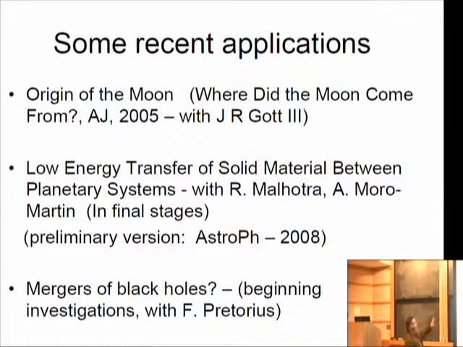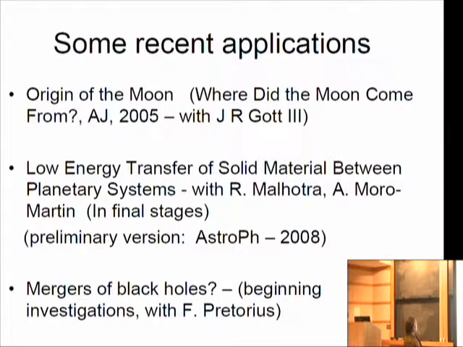I just want to mention before I get into that, there are other applications of the weak stability boundary that go beyond spacecraft motions. This is one that I wrote a paper on with a colleague at Princeton, Richard Gott. It's on the origin of the Moon. We published it in the Astronomical Journal in '05, and in this case, you look at the weak stability boundary around L4 and L5 points, which are stable points, and this has gotten a lot of attention in the astronomy community.